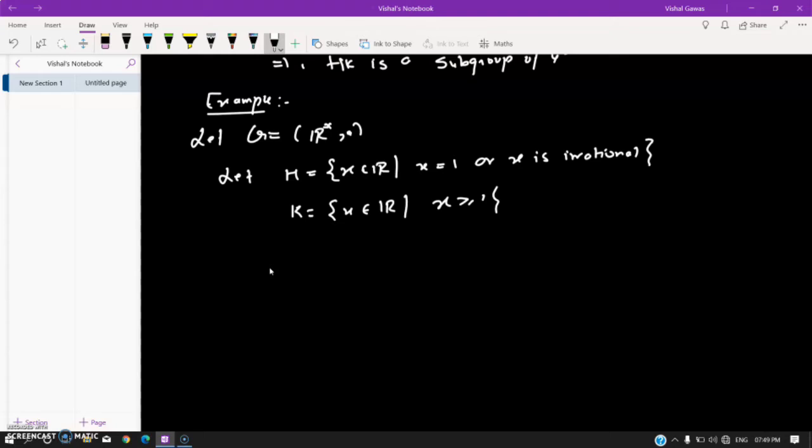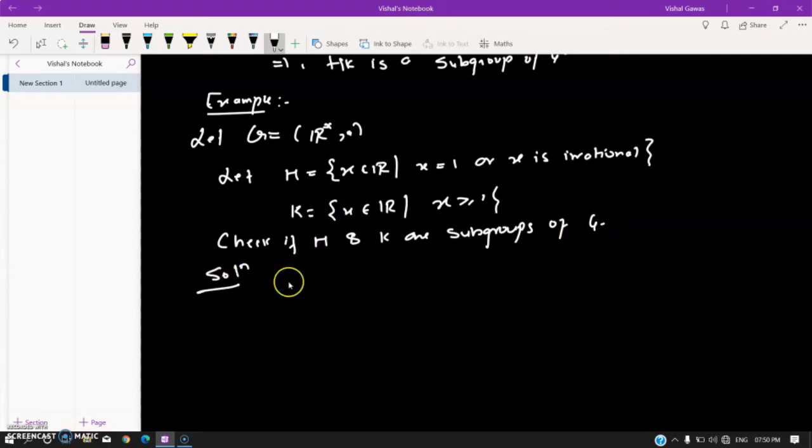Then let's check whether H and K are subgroups of G.